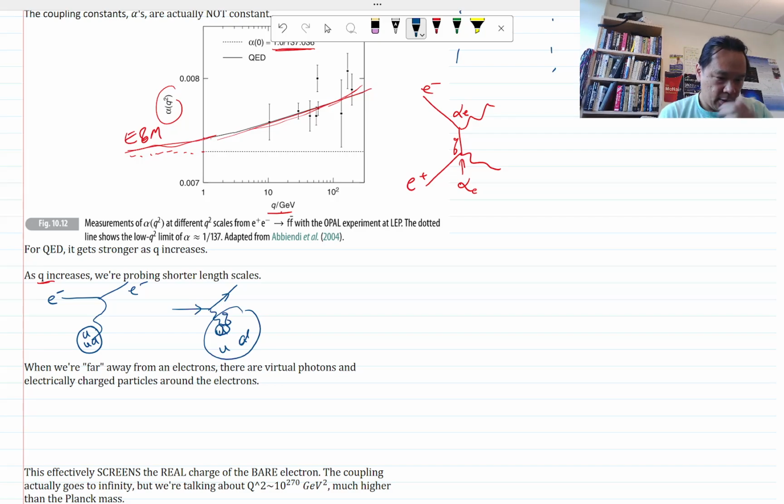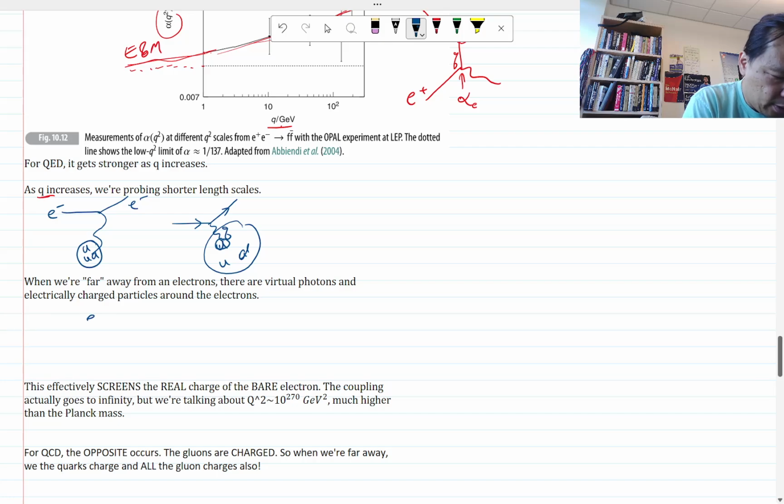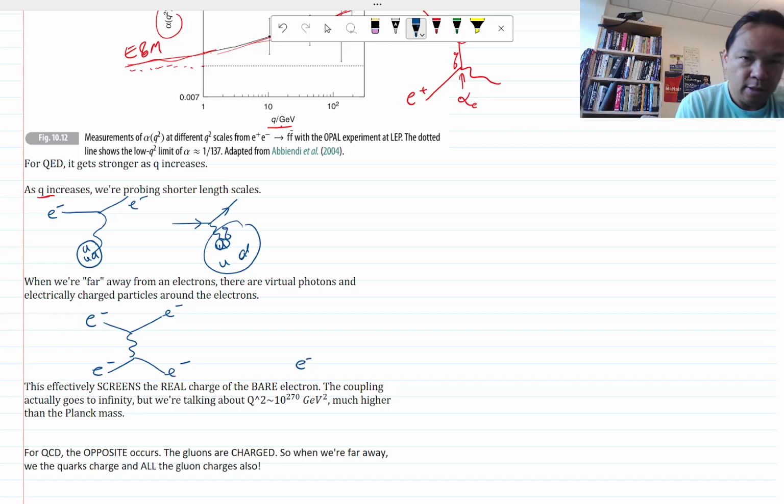When we're far away from an electron, let's say we're scattering two electrons off each other, there's an exchange of photons between them, so you have the scattering. But the electron has its own electromagnetic field, and therefore can create virtual photons all around itself. I'm trying to draw this as a kind of shielding effect.